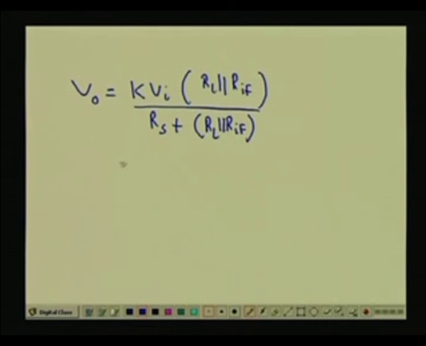Which becomes almost equal to 3 into 225, because this is the voltage generated by the pH probe, into RL upon (Rs plus RL). Please note this is almost equal to, right, like this. Why?